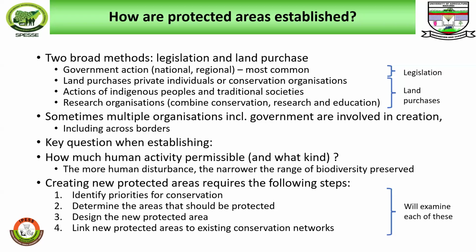Then we can also have people who would purchase a large amount of land as individuals or as organizations with strong emphasis on conservation. Actions of indigenous people and traditional societies, and then research organization.